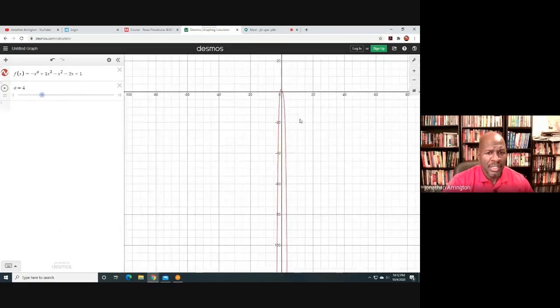So there you can see that the graph is going down to negative infinity. Again, the deal is if the biggest exponent is even and its coefficient is negative, both end behaviors are going to go to negative infinity. So let me make a note of that.